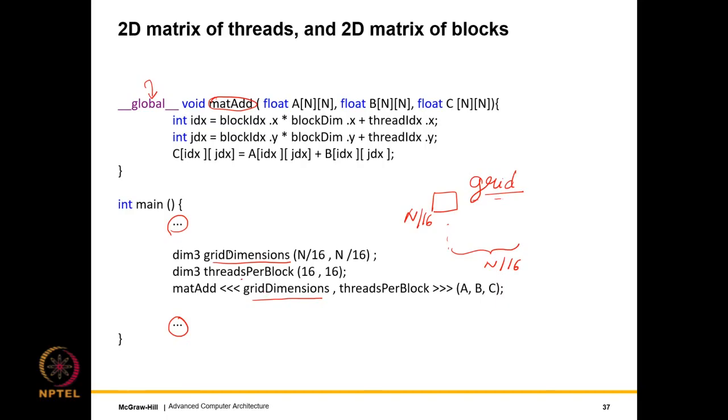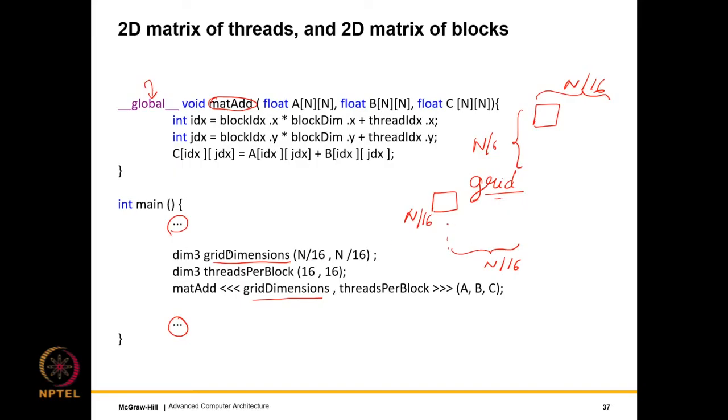After that, we define the arrangement of the threads within the thread block. So the threads per block are arranged as 16 cross 16. If you look at it, it's a 2-dimensional 16 cross 16 structure. And there are n by 16 such structures, and again n by 16 such structures. So the total is still n square, but in this case, we have divided it in a different manner.